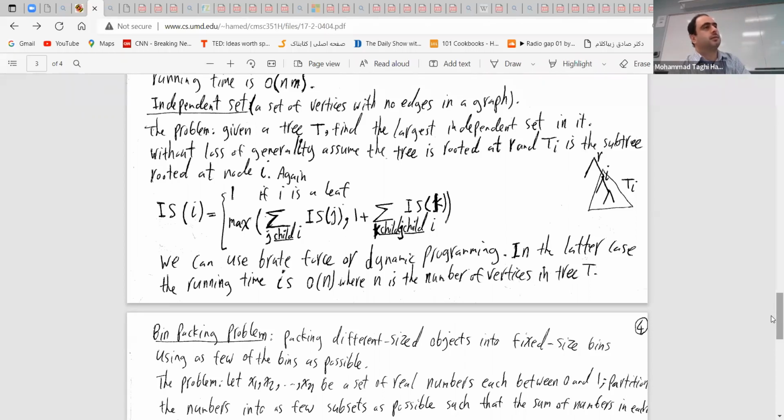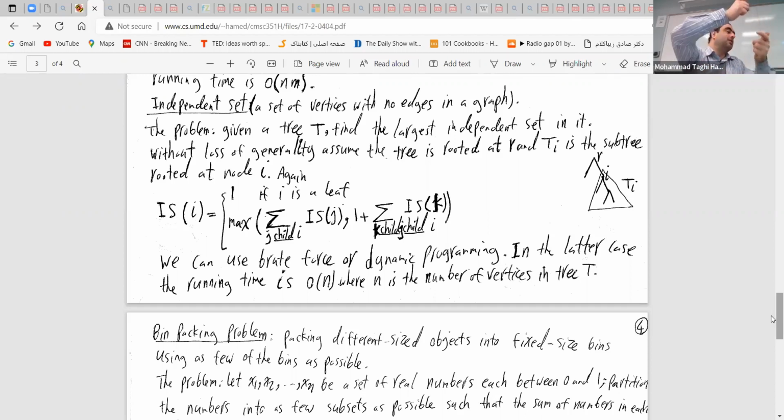Yes? For the case when I isn't selected, for the independent set, won't it be completely different? Sorry, what was that? When I isn't selected, then won't the independent set always include J? It depends. Note that J also has a subtree hanging from it.